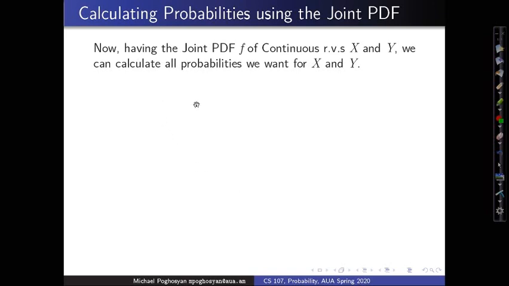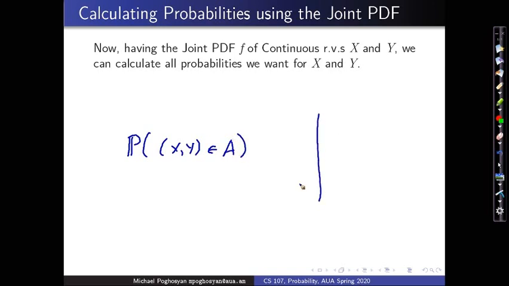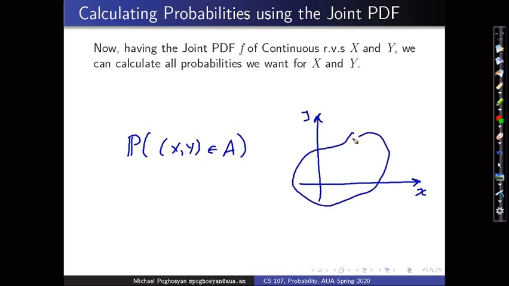Now, how to calculate probabilities using joint PDF? Recall that one of the main aims of our jointly distributed random variables was to be able to calculate probabilities like this: the probability that the point (X, Y) is in some set A in R2. Say this is region A, and I want to calculate the probability that my random point (X, Y) will be inside this region.